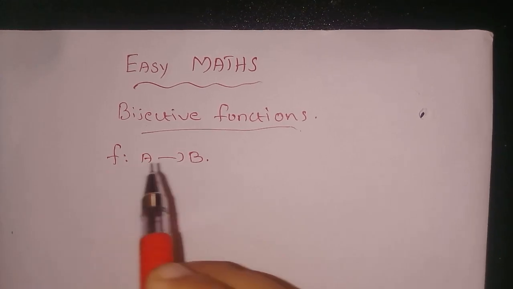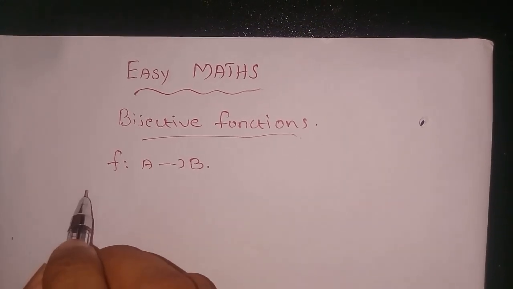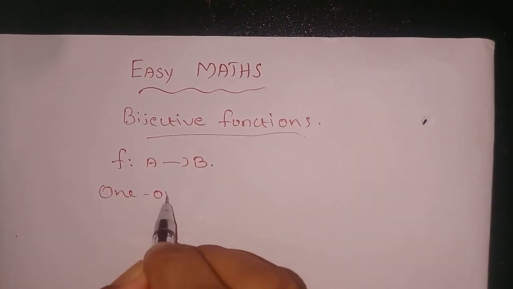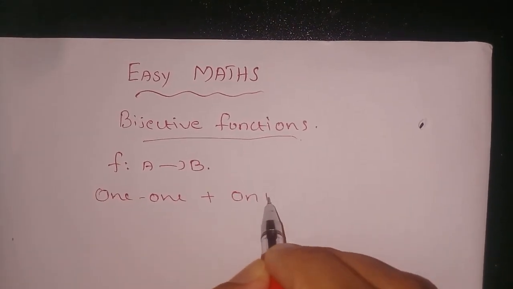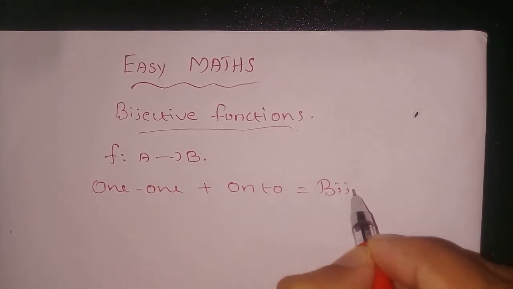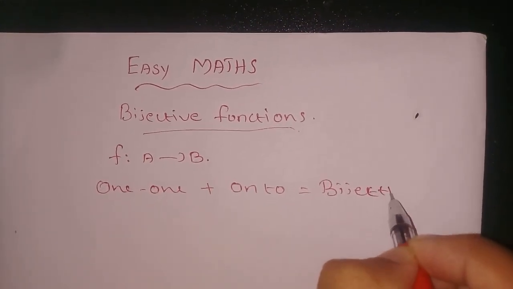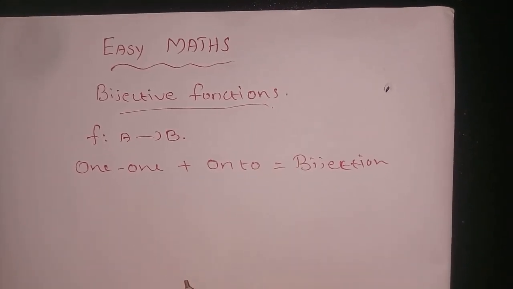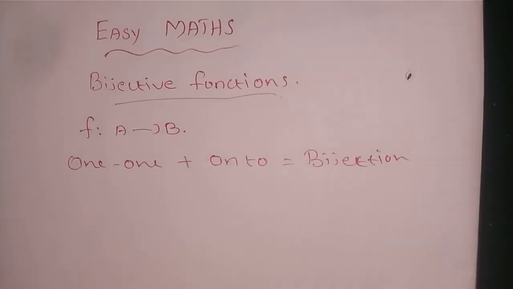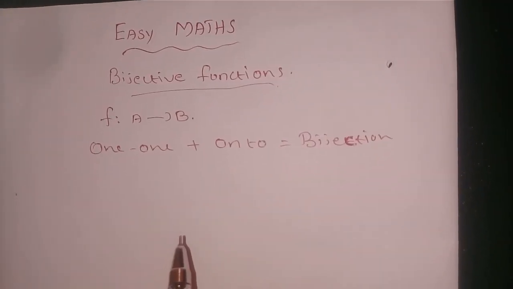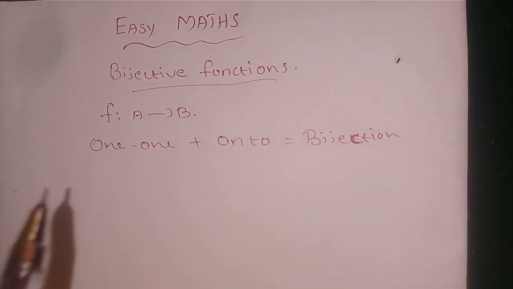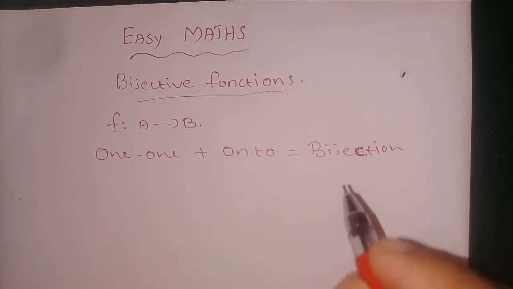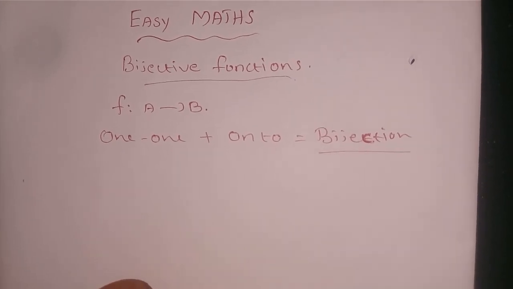We can call f a bijective function if f is both one-one and onto. A function which is both one-one and onto is called a bijective function, or simply a bijection.